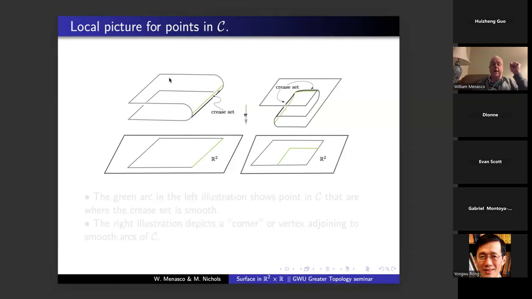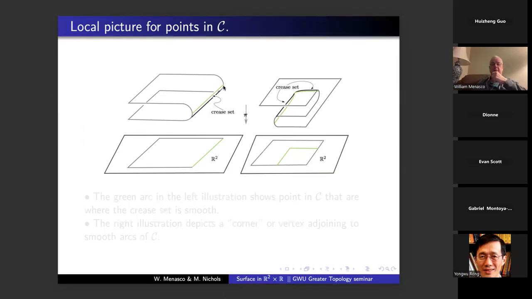Up here, when you project down, say you pick a point right here and project down, that's a regular point. Over here, when you project down, those are the critical values, because the tangent plane actually collapses to a line under the differential.